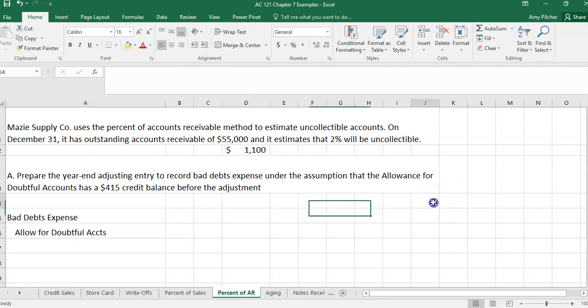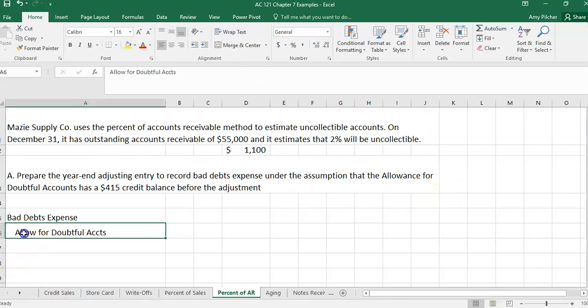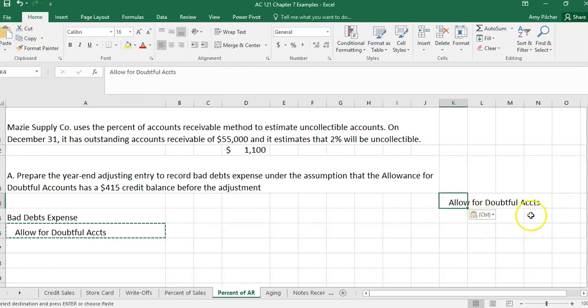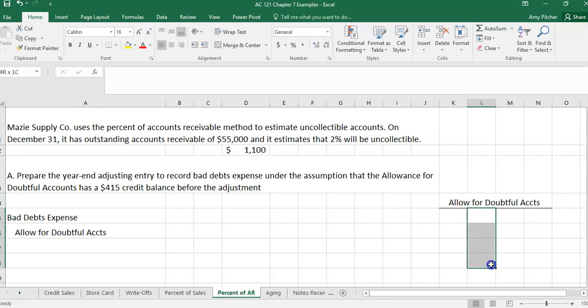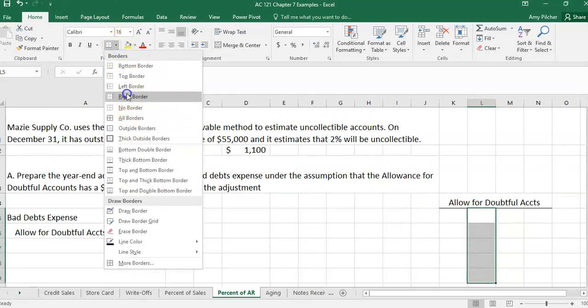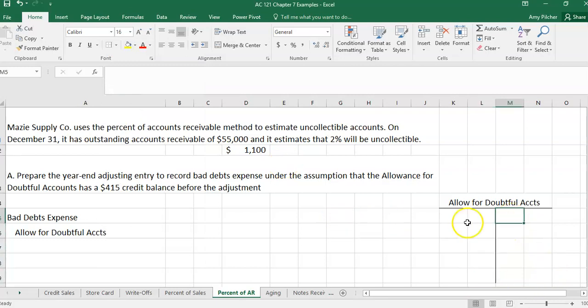So imagine we had a T account for allowance for doubtful accounts. We're going to create that T account. It tells us that we have a credit balance of $415.